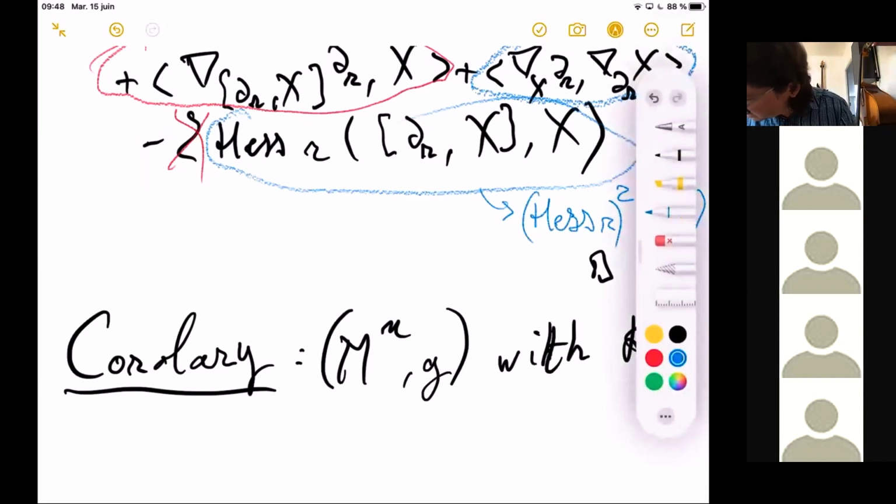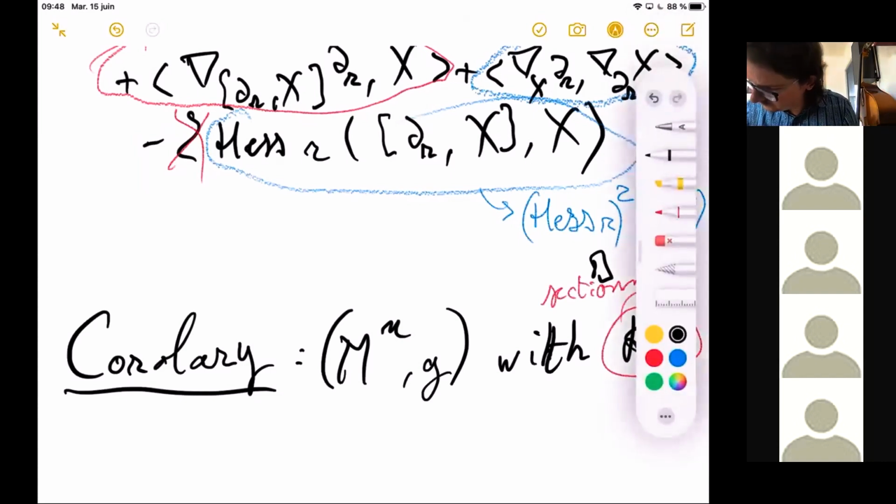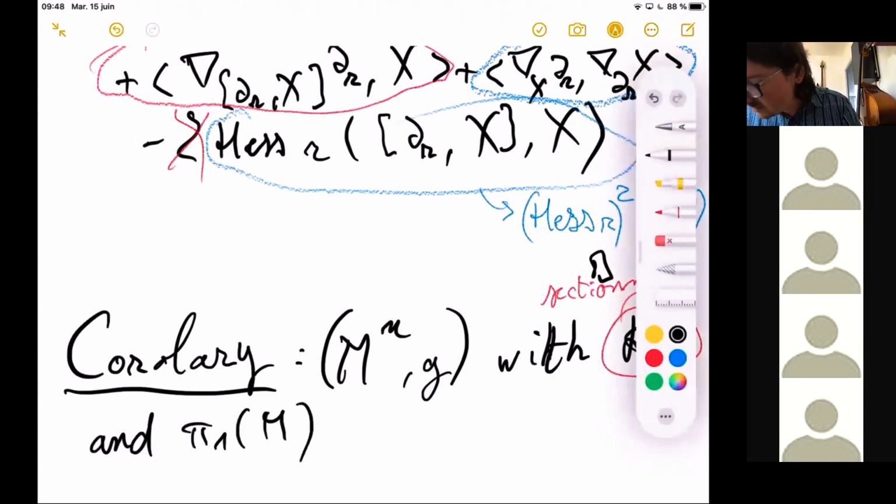Maybe if you read the notes afterwards, it's better to be explicit here. And simply connected. And we will prove an analytic version of the distance comparison, the triangle comparison theorem that we stated at the beginning.